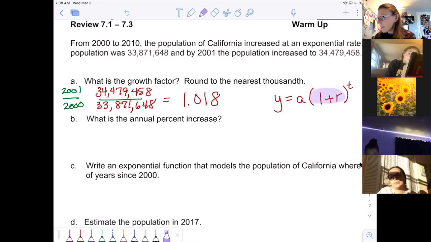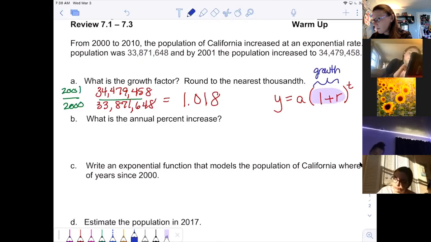The quantity inside is the growth factor. So that 1.018 represents the quantity inside. So that is our growth factor.